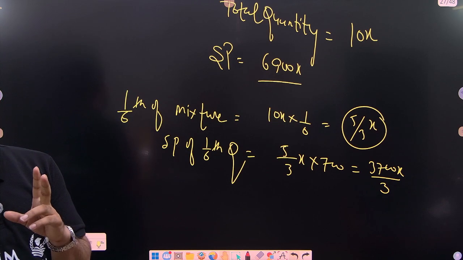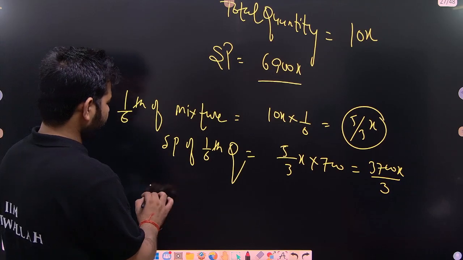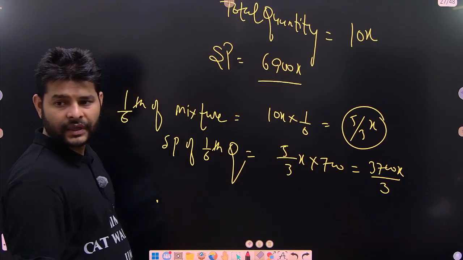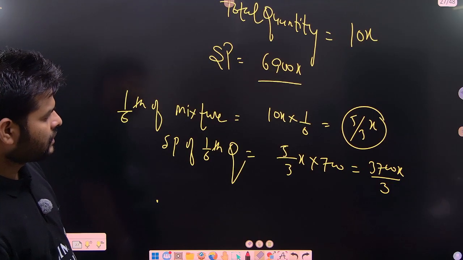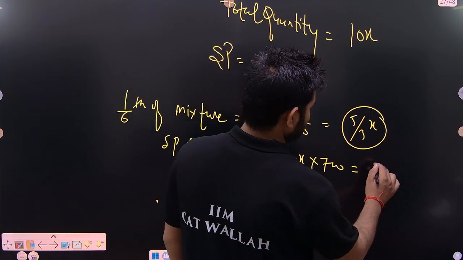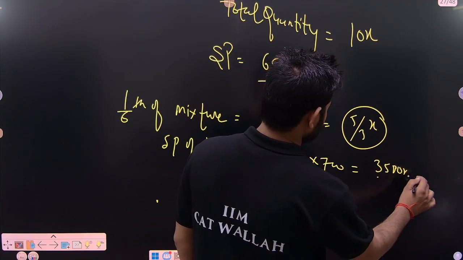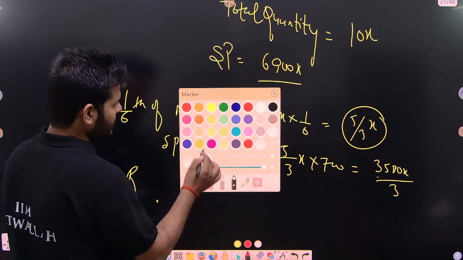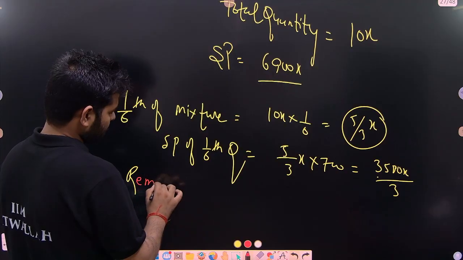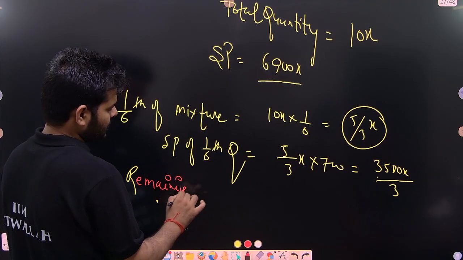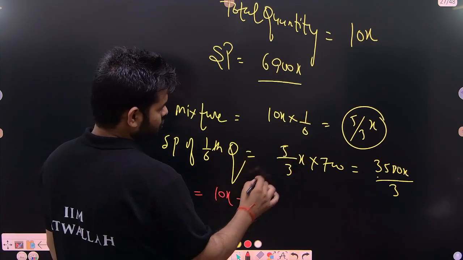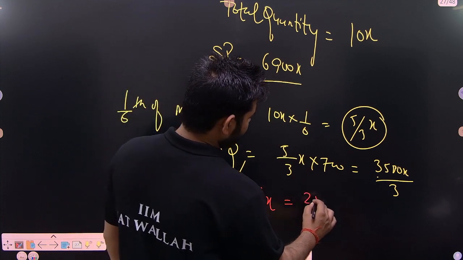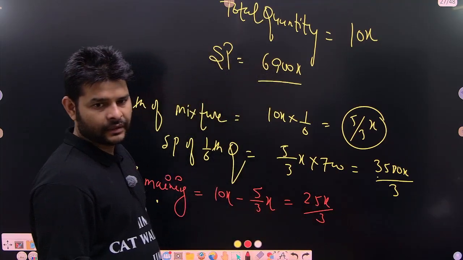Total quantity that is remaining: total is 10x, sold is 5/3x, so that would be 25x upon 3 remaining.